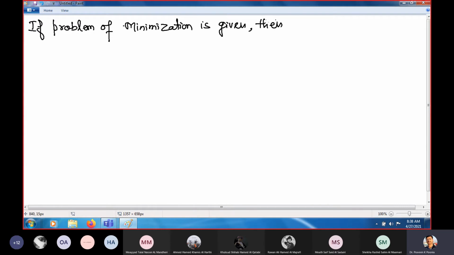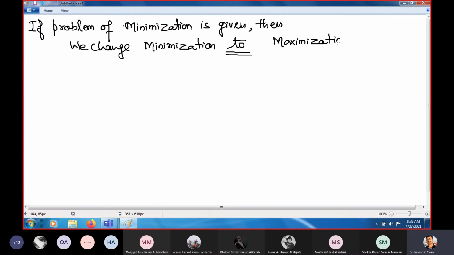If a problem of minimization is given, then we change minimization to maximization. We need to change what?